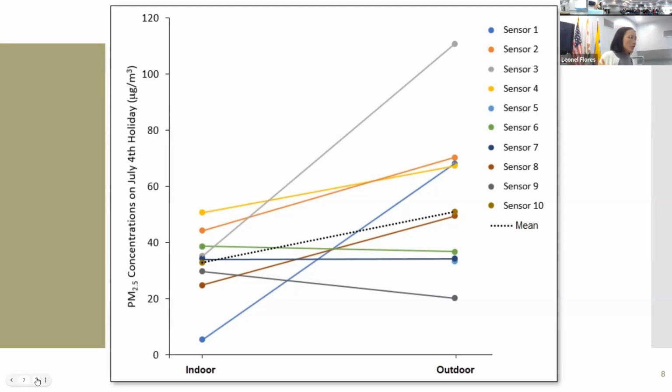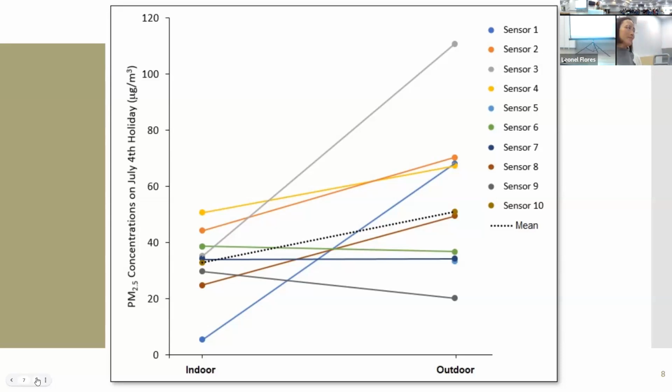So in general, the outdoor concentration is higher than indoors, which is good because most of our time is spent indoors, and we want our indoor concentration to be low. And we want our building envelope to protect our health by reducing the outdoor pollution levels.